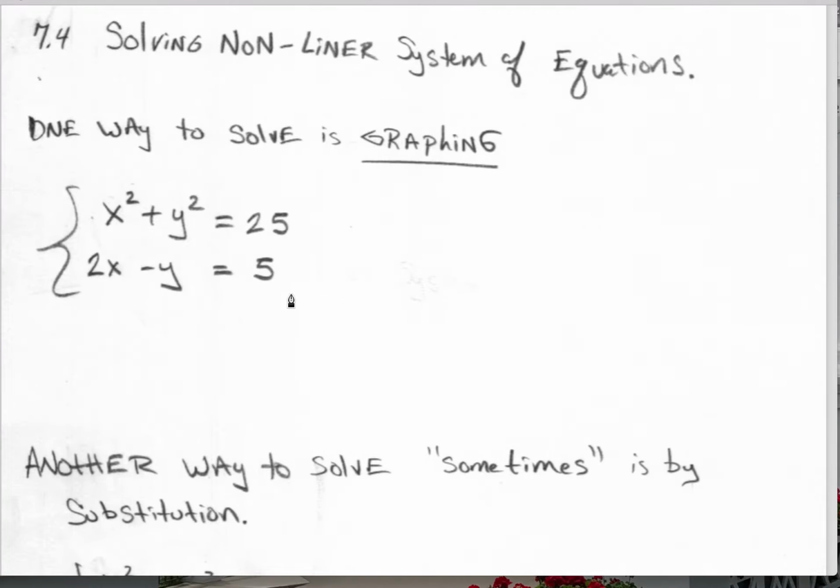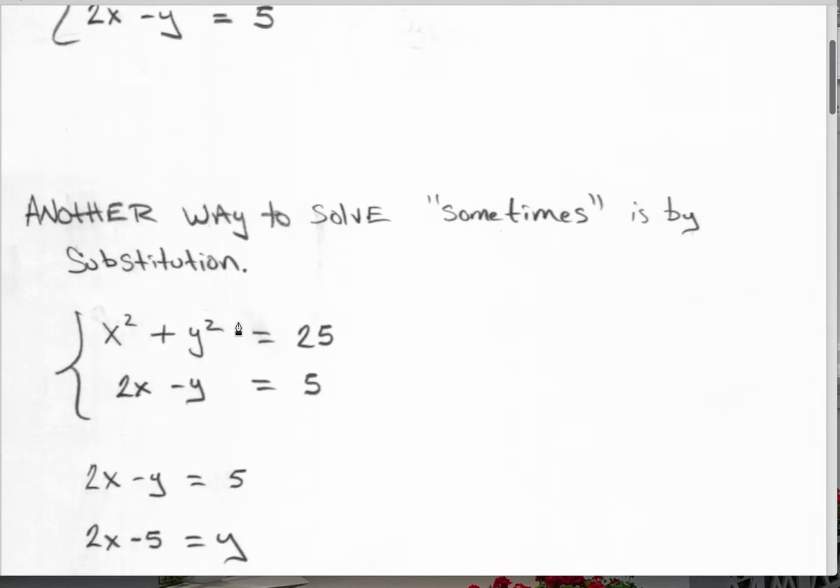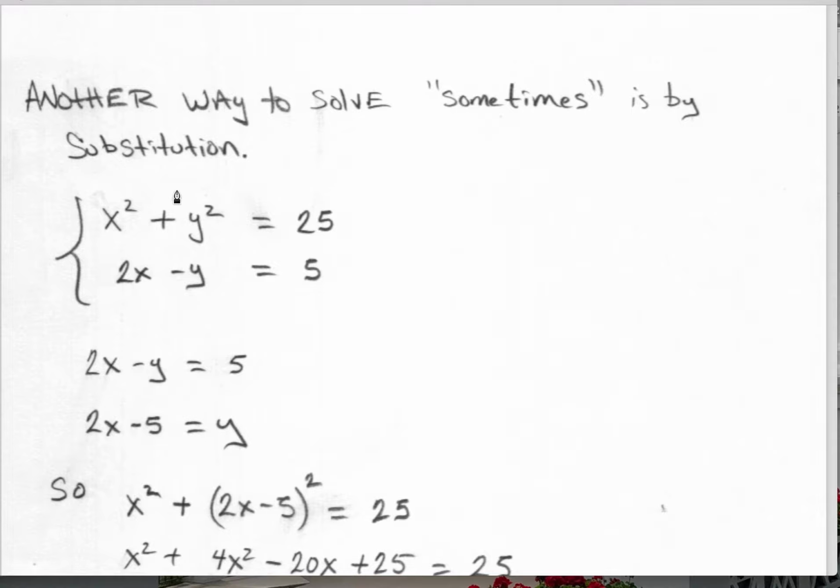Okay, so that's one way to solve, by doing it graphically. Another way to solve is by substitution. And I put the word sometimes here, and the reason I put the word sometimes is it is completely possible that I have a system of nonlinear equations and I cannot use algebra, or what's called an analytical way, to solve it.